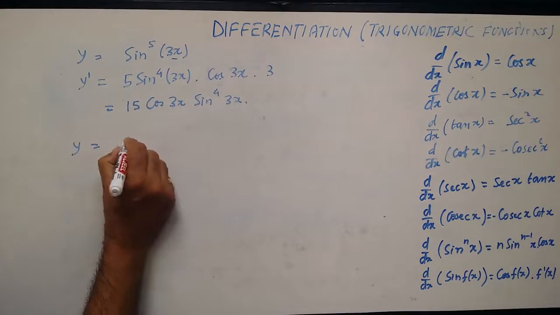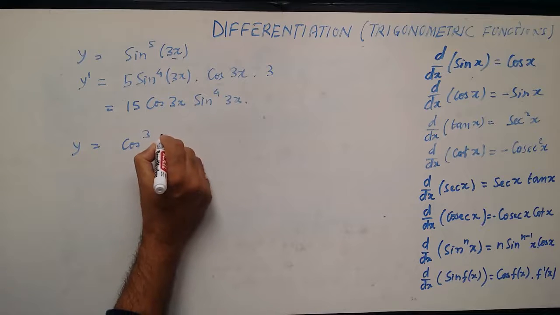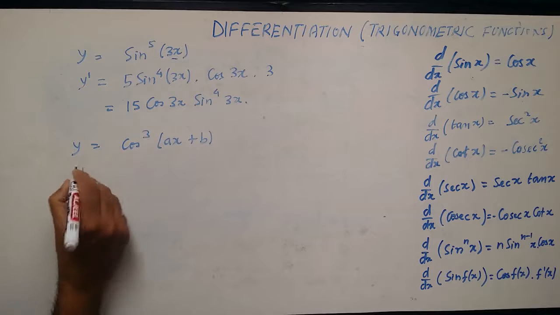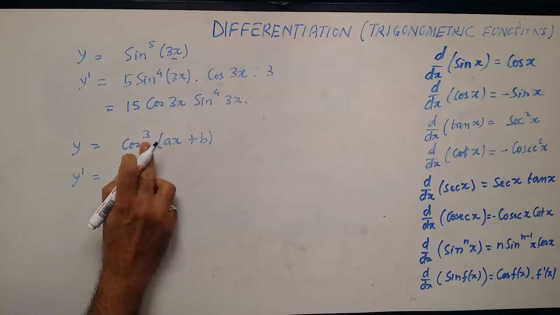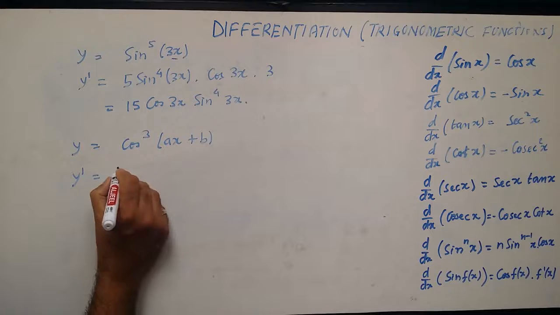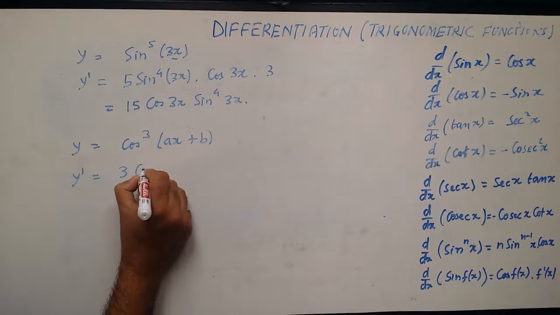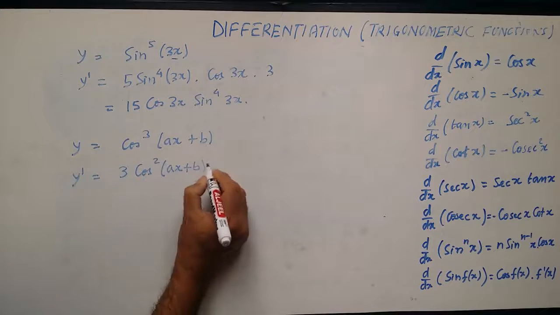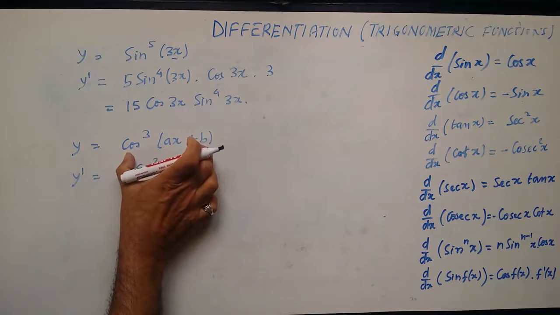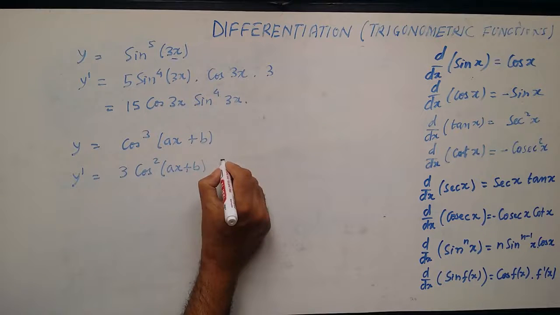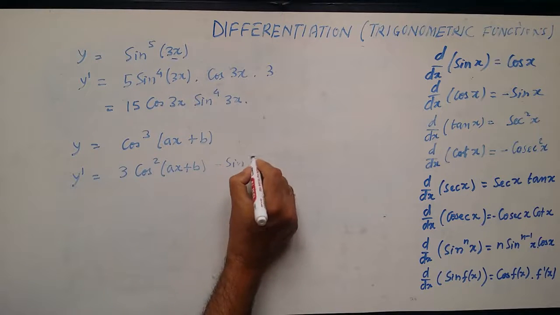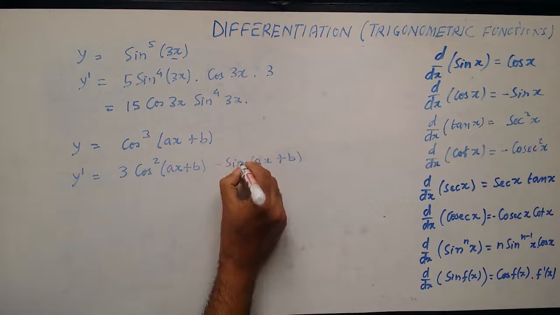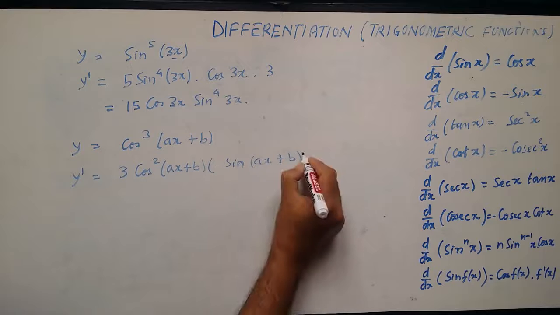Okay. Let's take still a little bit more complicated expression. Y is equal to cosine cubed of ax plus b. So how do we do it? This is first a power, so we'll do the power first. So this is 3 cosine square of ax plus b, 3 minus 1 is 2. Now we will take the cosine of ax plus b and differentiate it. So we get minus sine of ax plus b. This is the second differentiation.